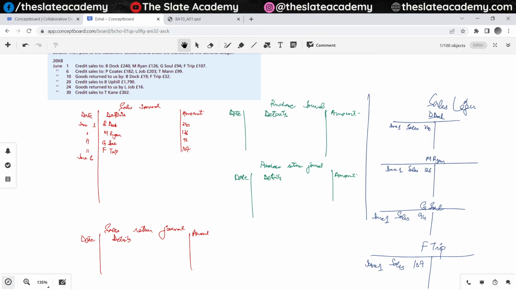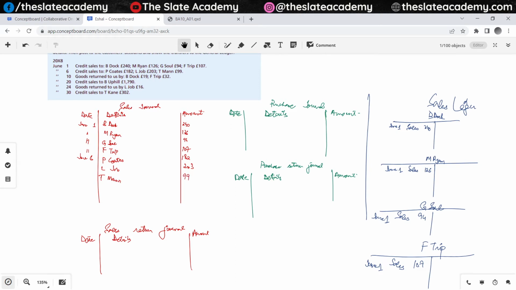P Coates. How much is it? 182. And then there is L Job. L Job 203 pounds. And then there is T Man 99.